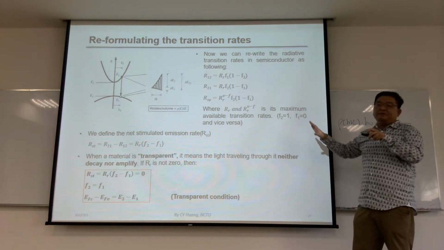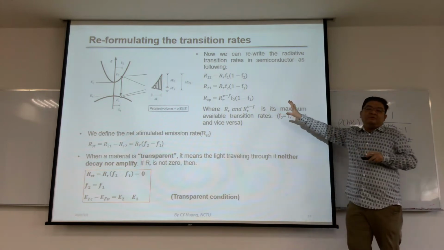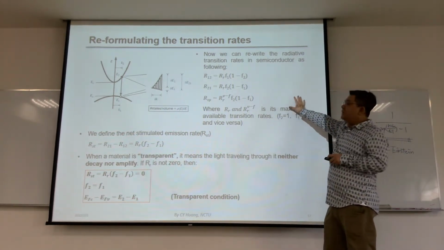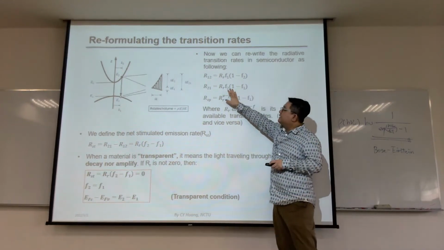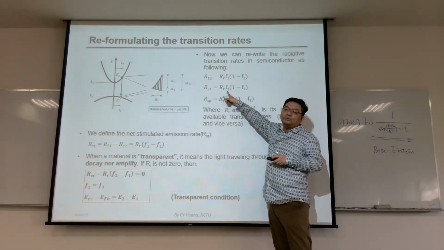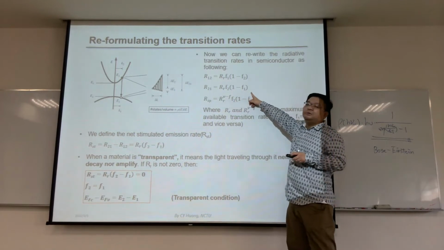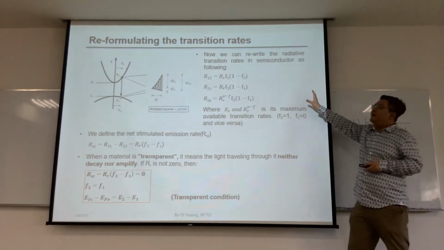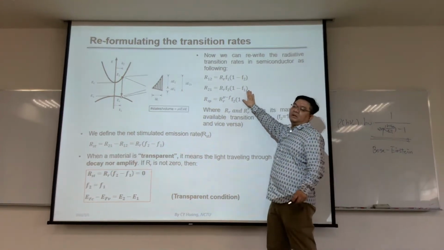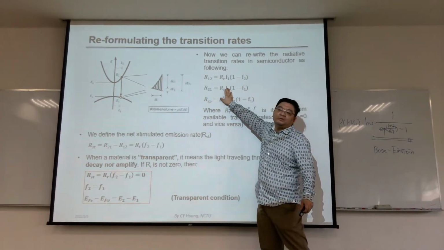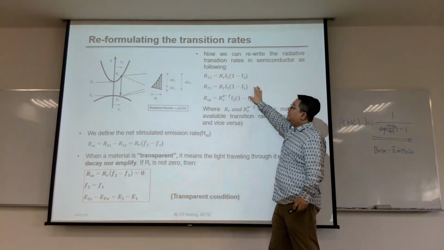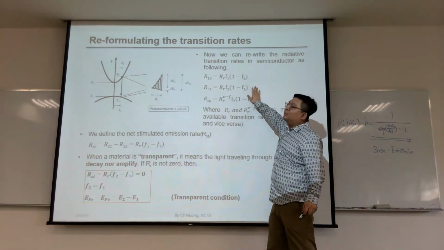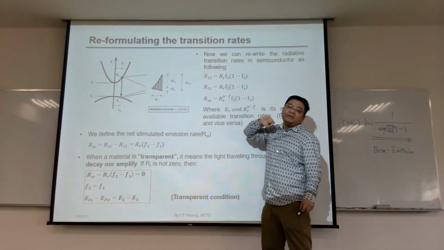In reverse, if you excite your material very strongly, how large the gain could be is also limited. At the most, F2 equals 1 and F1 equals 0. That means you really pump it hard. All the electrons in level 1 are excited to level 2. Then the stimulated emission rate at the most will be equal to R12.